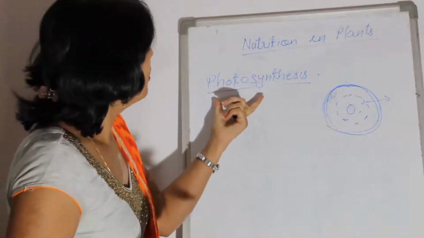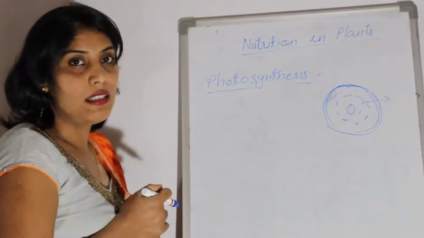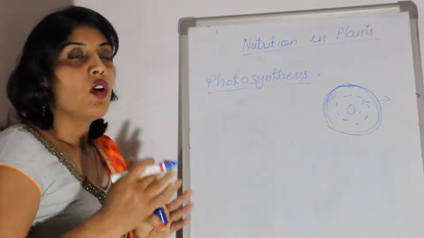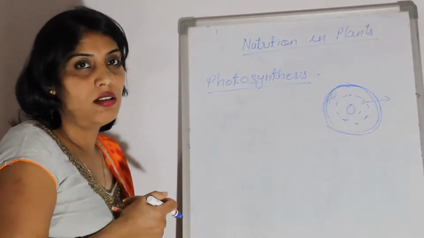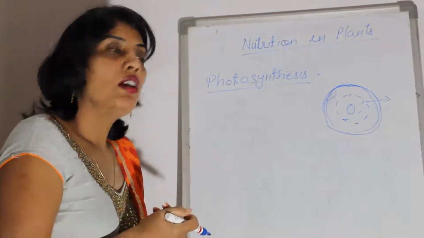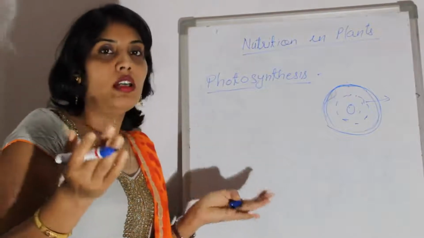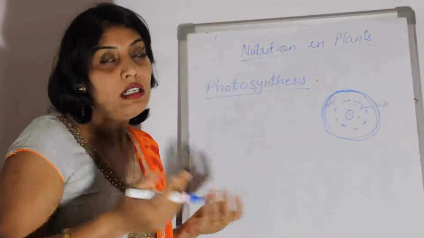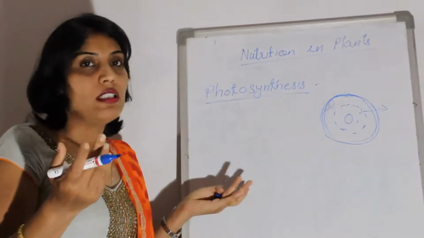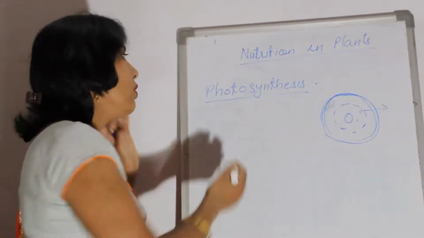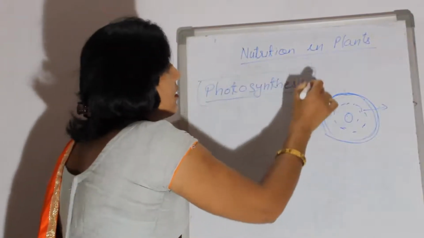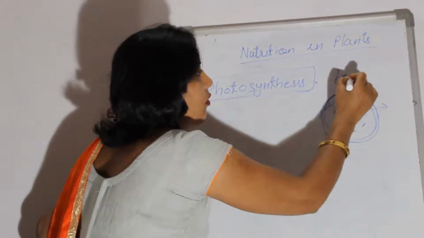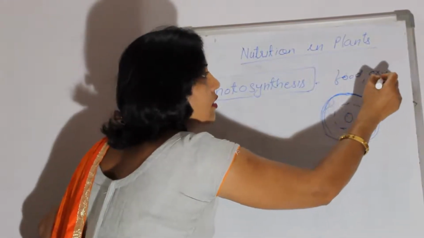As you know, during the process of photosynthesis, instead of making carbohydrates, oxygen is also released, and oxygen is the vital gas which is important for our life. Without oxygen we can't live. So photosynthesis provides us two basic needs: food and also oxygen.